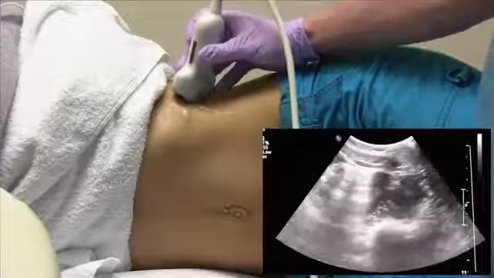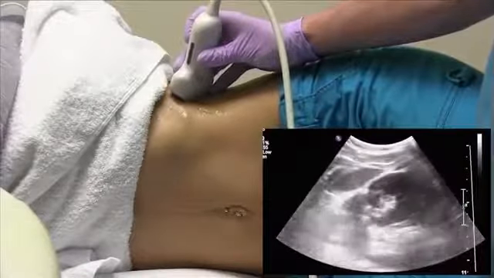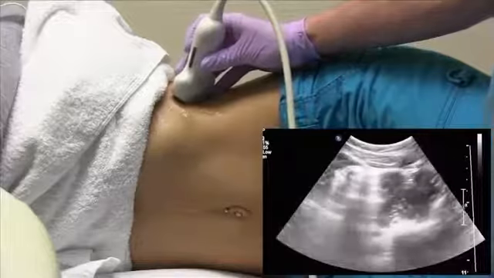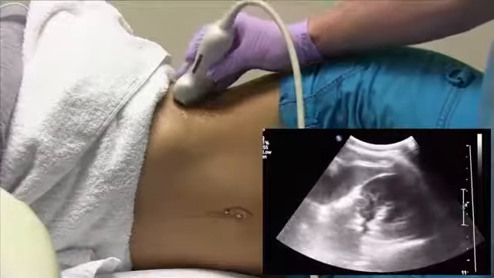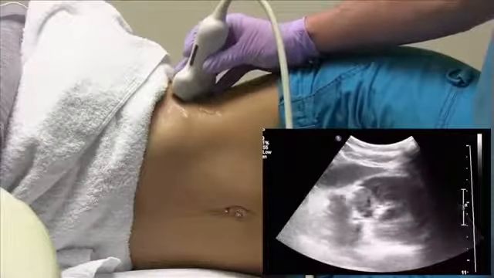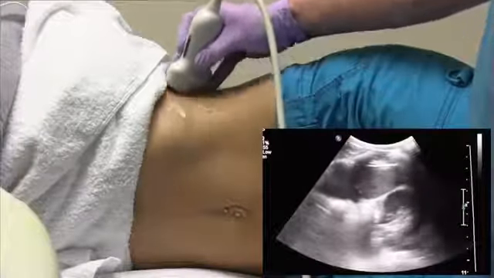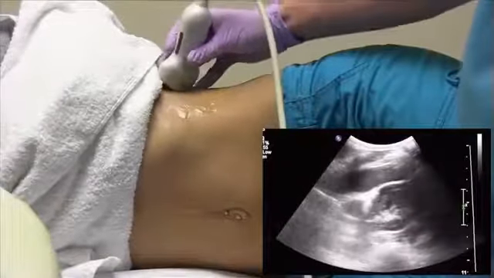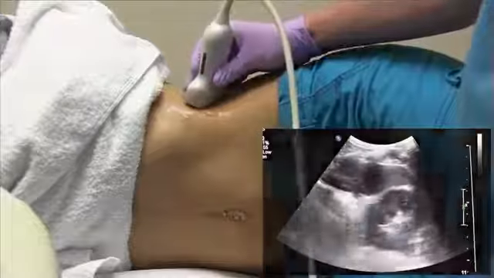For these transverse pictures, you may run into the ribs a little bit. And what I would do is, if you have to, you can use that intercostal space and just sweep through that if you feel like you're not getting a very good image of the upper pole or lower pole of the kidney. And you'll also see the spleen from this window again too.